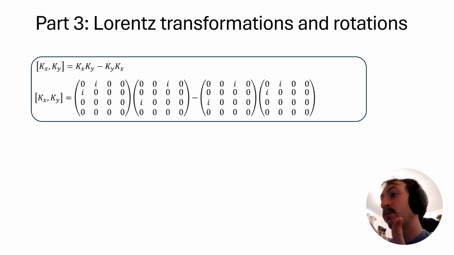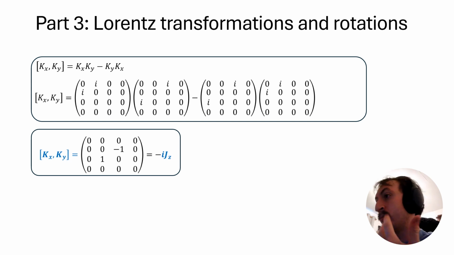However, the matrix multiplication works the same way as with possibly more familiar 2x2 matrices. And if you go through the matrix multiplication, you end up seeing that Kx and Ky, when commuted together, give us, as you would expect from matrix algebra, a 4x4 matrix. But interestingly, this 4x4 matrix is some scalar multiple of a rotation generator, particularly rotation about the z-axis.